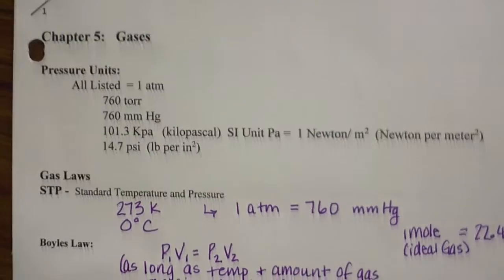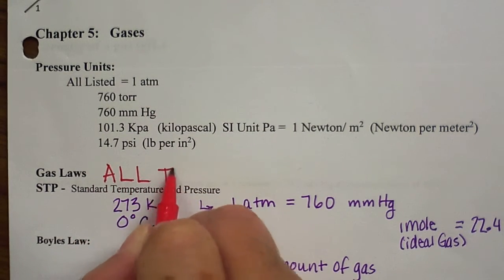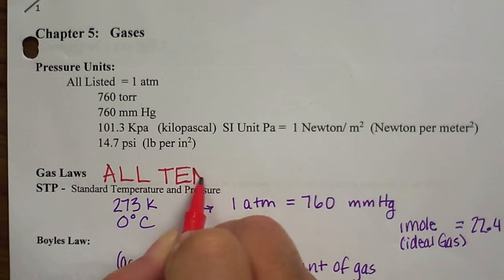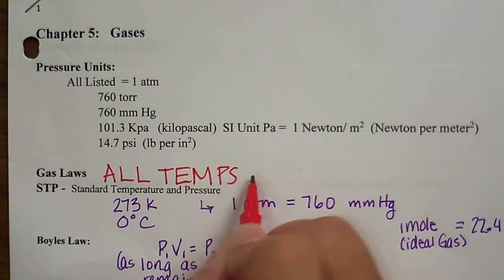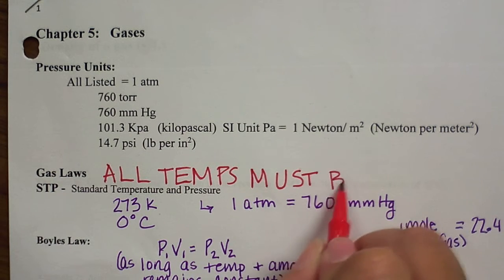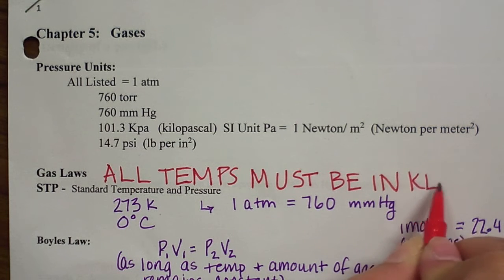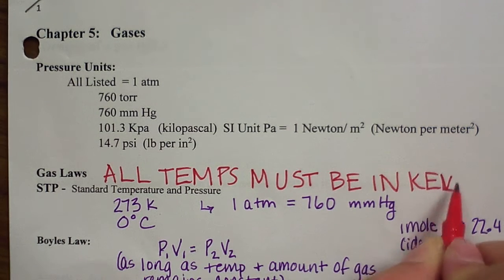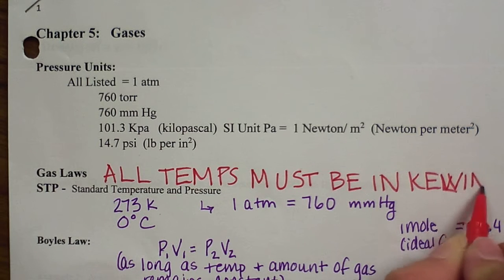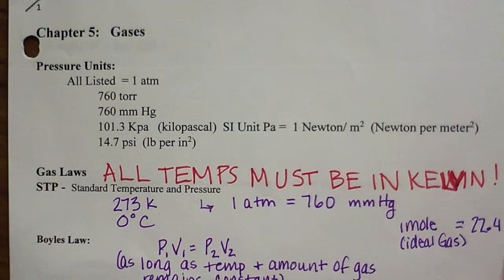And right here, when we're using gas laws, all temps must be what? In Kelvin. None of these formulas will work unless the temperatures are in Kelvin. Okay?